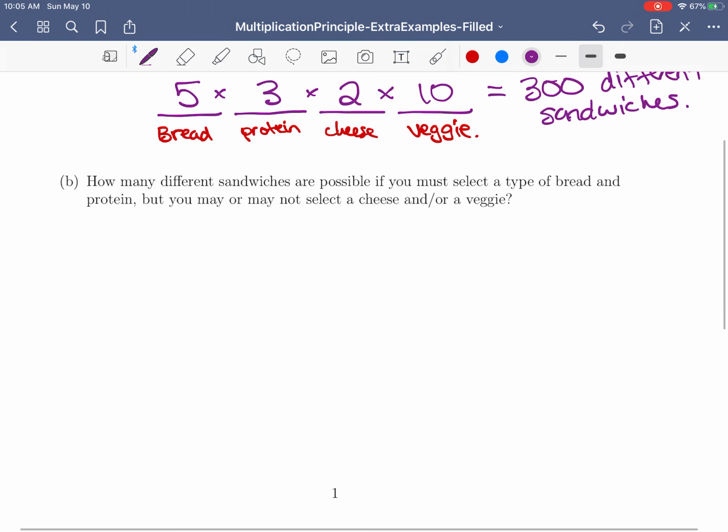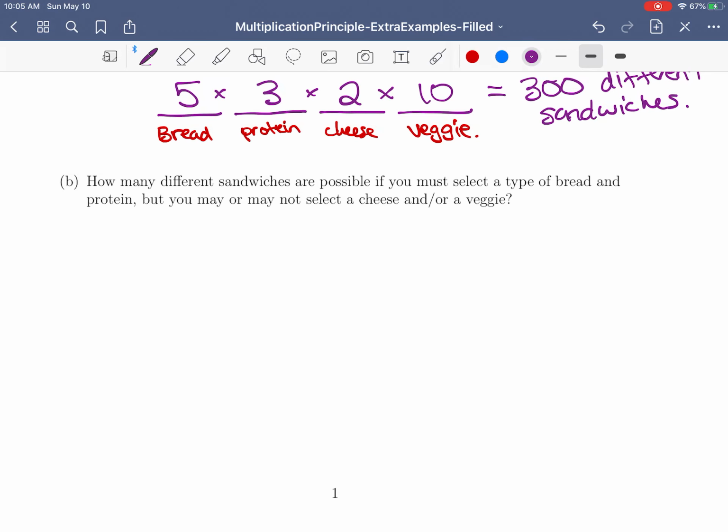But you might. So you could have a cheese and or you could have a veggie. So you might have a sandwich that has bread, protein, and cheese, no veggie. That would also be a type of sandwich in this category. Or you could have bread, protein, and a veggie. Or you could have bread, protein, a cheese, and a veggie.